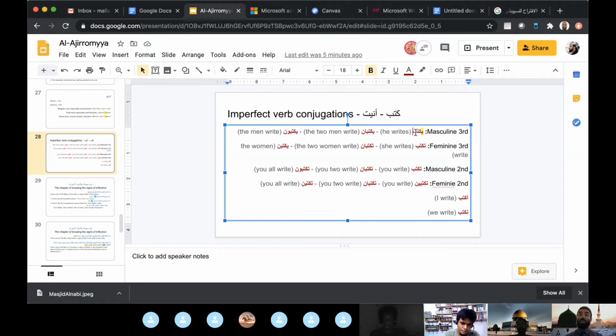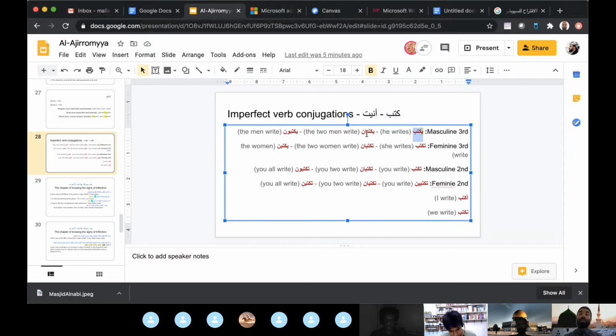For a single person, if you are referring to just one person when saying that verb, a dhamma will become the sign of rafa at the end, a fatha will become the sign of nasab, and sukun will become the sign of jazm, right?